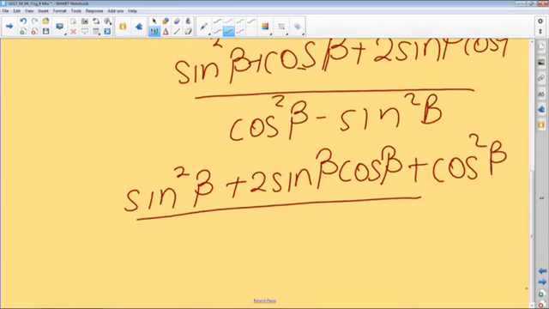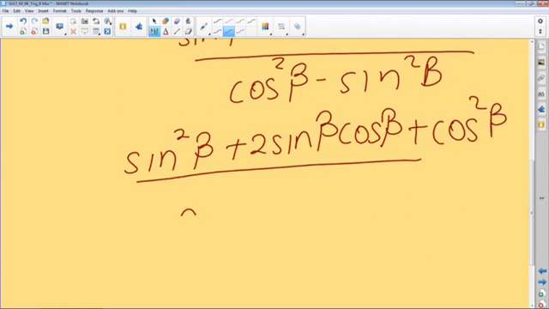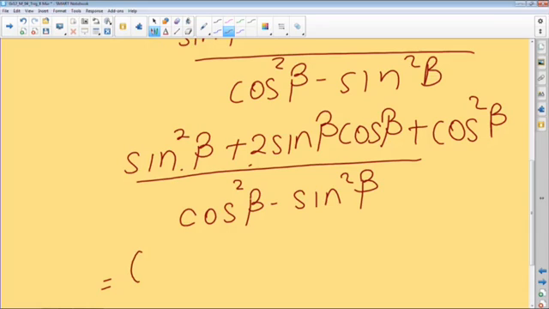Okay, so it's easier for you to see the trinomial that's hidden in there. And then at the bottom, for now, we're not factorizing anything as yet, so I'm just leaving it as cos squared beta minus sine squared beta. Now the trinomial that's hidden in the numerator, sine squared beta plus 2 sine beta cos beta plus cos squared beta, the trinomial there is in brackets. Remember your trinomials, the sum of the factors of your first and your third term must add up to give you your middle term.